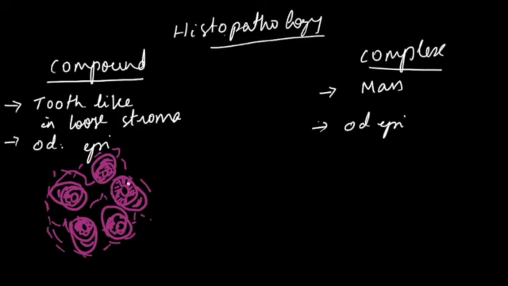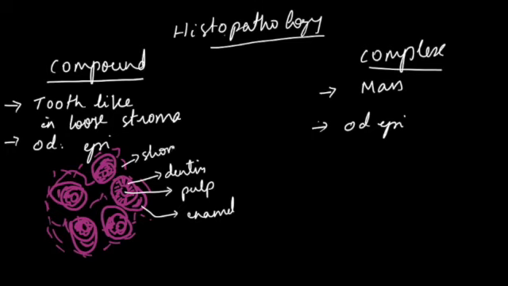So this is the dentin, pulp space, pulp tissue and the enamel space, occasionally enamel matrix, and this will be the stroma which may have odontogenic epithelium. Both compound and complex odontomes are associated with ghost cells. In compound odontome, you will see the ghost cells 3% of the time.